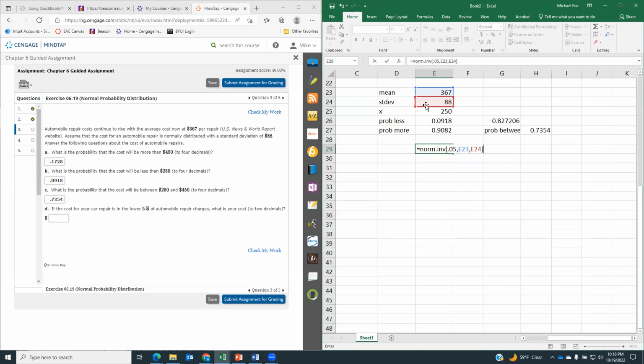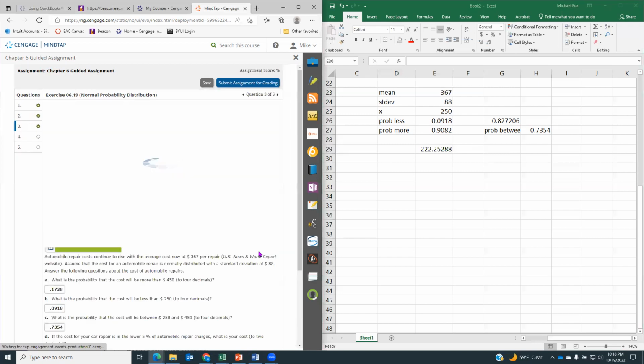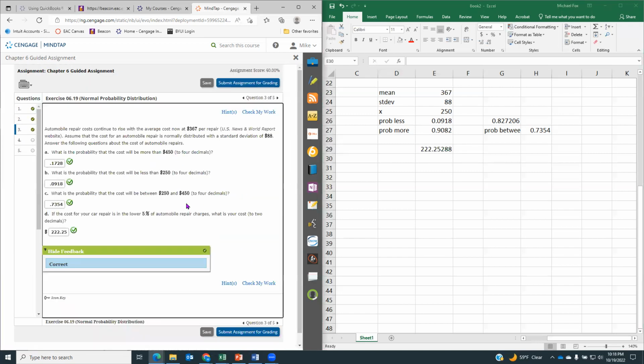So this will tell us what value of X would be the value where 5% was at or below that. And the answer is 222.25288. It tells us to round to 2 decimals, so 222.25. Check our work. And hooray, we got it.